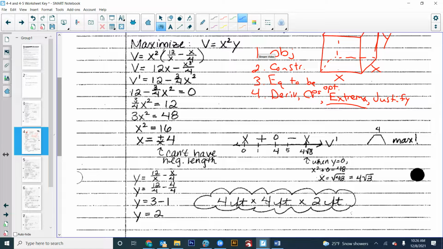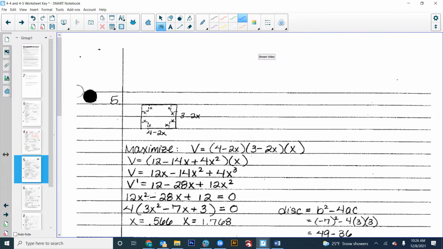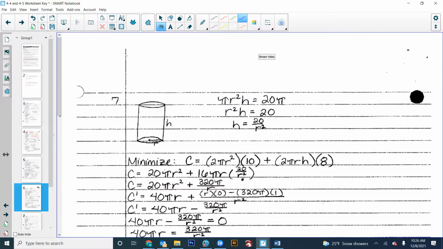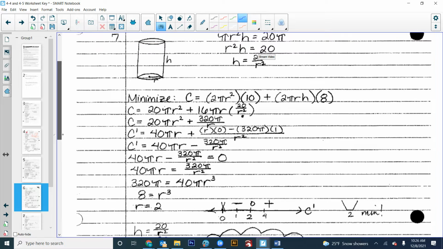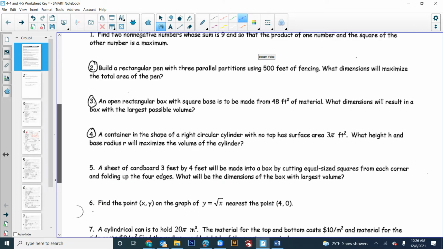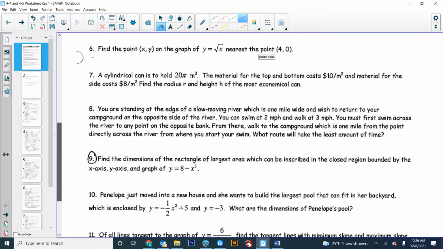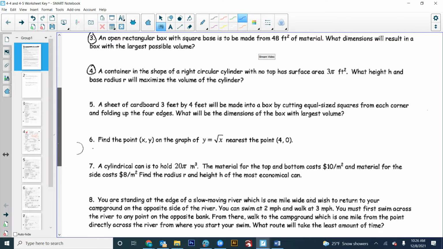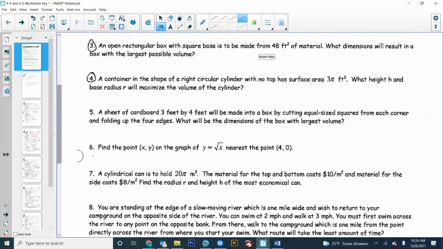All right. What was the next one? All right, I'm on slide 6. All right, number 7. That wasn't 7, was it? 4. A container in the shape of a right circular cylinder.